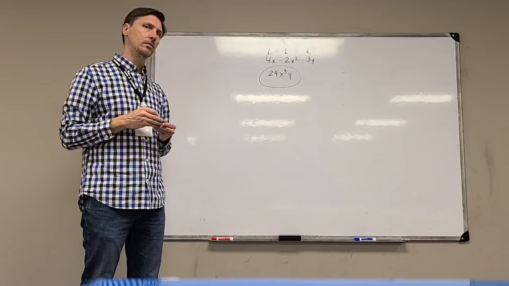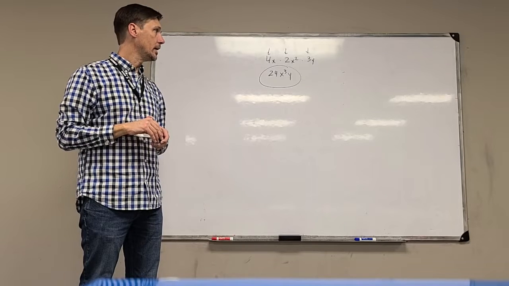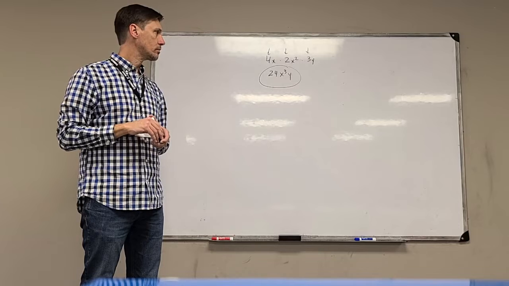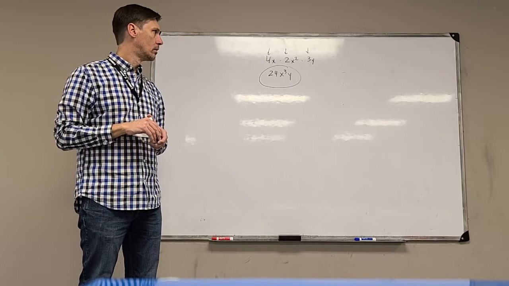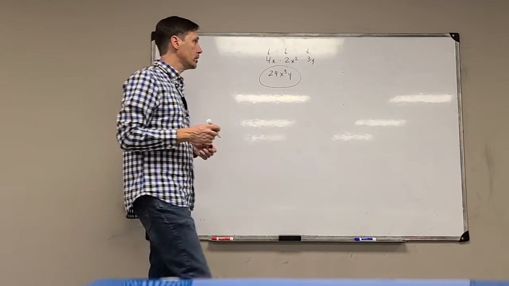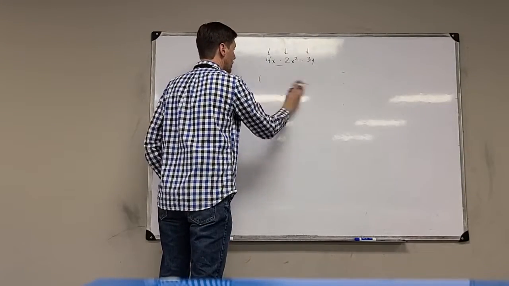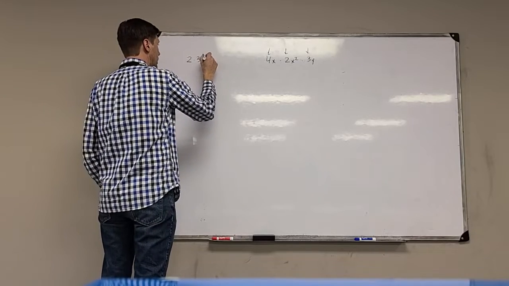Yes? Could you do 8x to the third power times y? Because as if you were multiplying the 4 and the 2, and then that became part of it, and you left the 3y by itself. Well, you could do it in parts. It's just like if you multiplied 2 times 3 times 4.